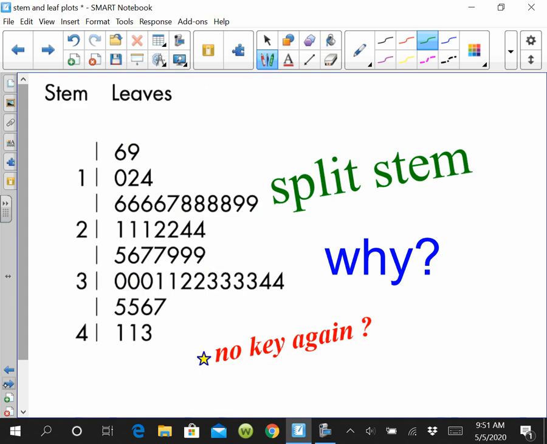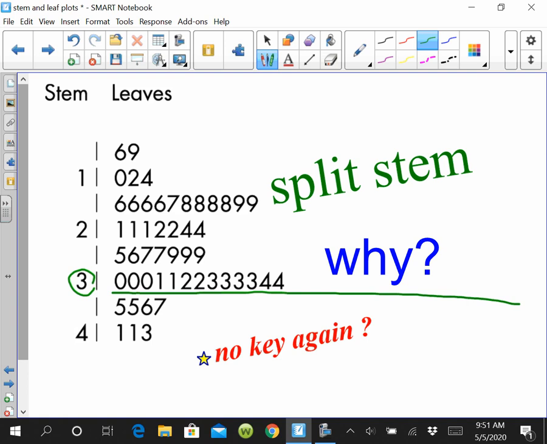Sometimes in the stem and leaf plot, some mathematicians, I don't usually do this, but they split the stem. When it looks like there's going to be too many leaves piled out here on the stem, stuck on the stem at 3, sometimes the mathematician, statistician splits it.